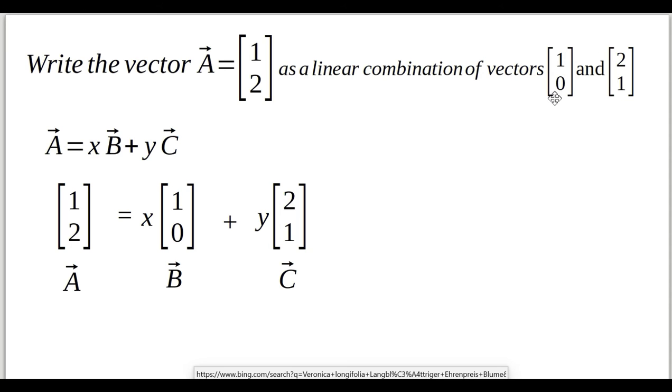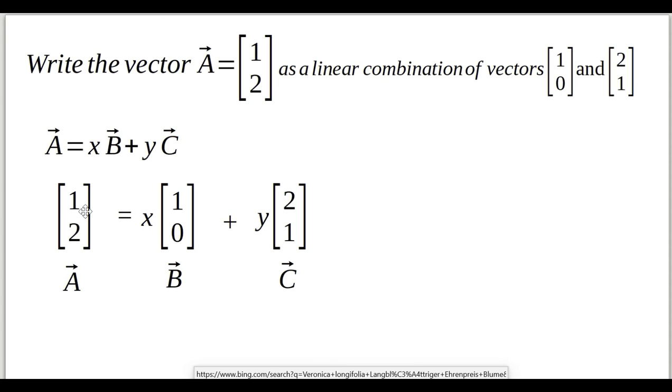Let's say we name this vector B, and we name this one the vector C. The only thing they are trying to tell you to do is to write it in this form: the vector A is equal to a scalar times the vector B plus a scalar times the vector C. Now we are going to look for the values of x and y such that this holds, such that the vector A is a linear combination of these two vectors.